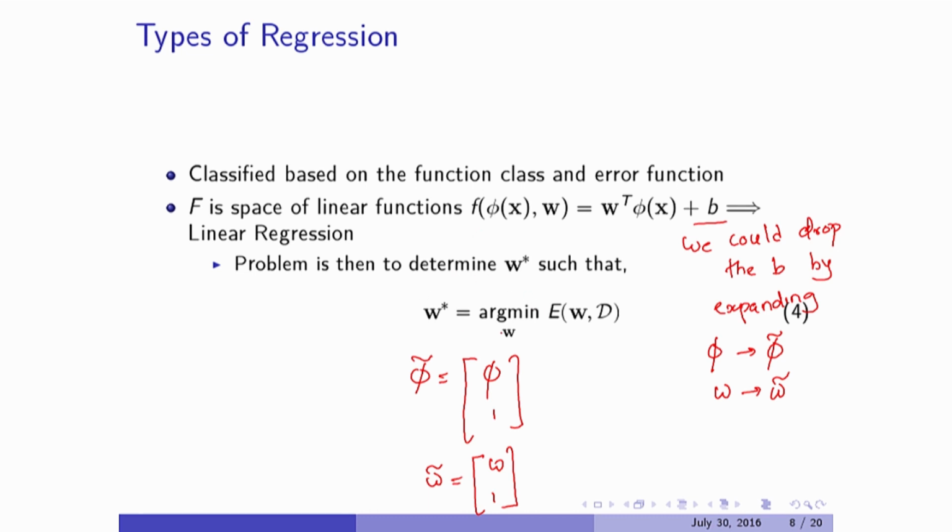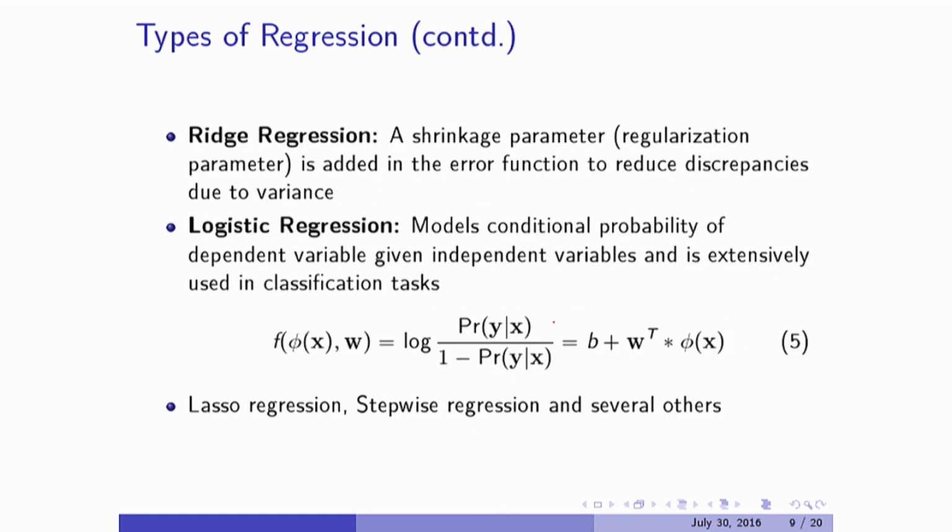So with this parameterization, the problem is to determine w star such that you minimize the error for the weight of the linear function. One might also use the b and do an argmin over w and b. Now what should be the error function? The error function, or the function to be minimized, could be determined based on what is a good or a generalizable model.